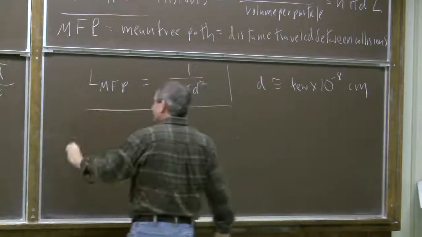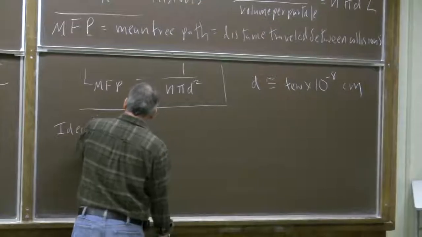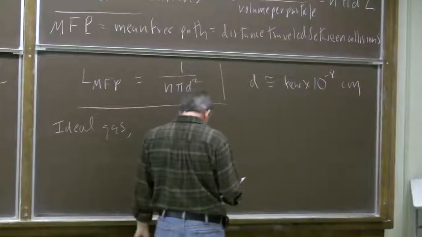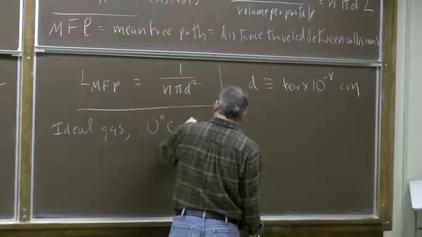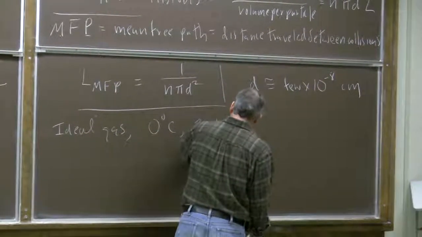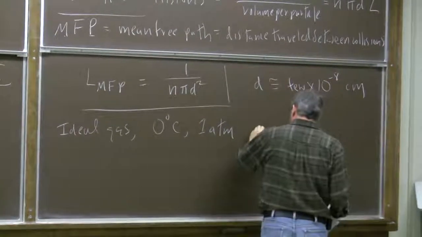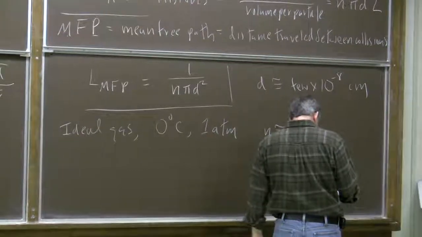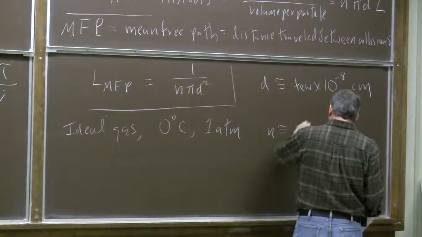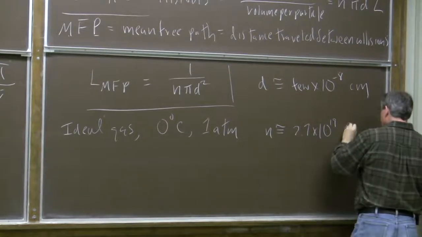So if we consider ideal gas, and let's say it's 0 degrees Celsius and 1 atmosphere, then the concentration, translating what you just said, is something like 2.7 times 10 to the 19 particles per cubic centimeter.